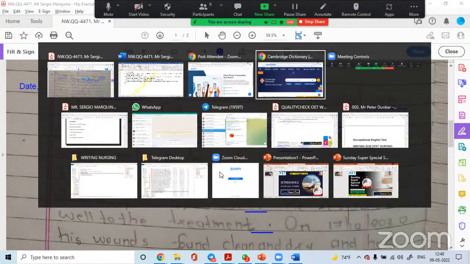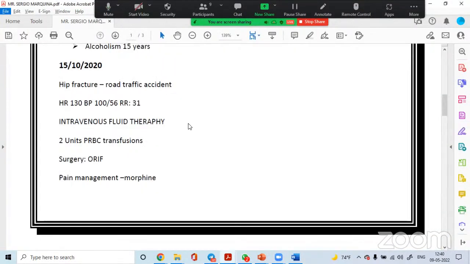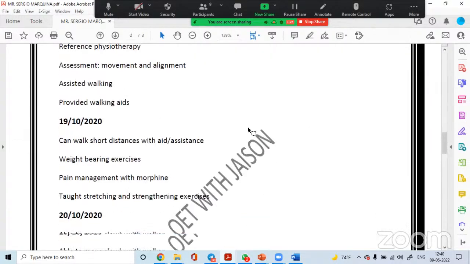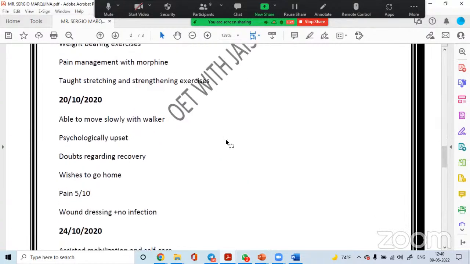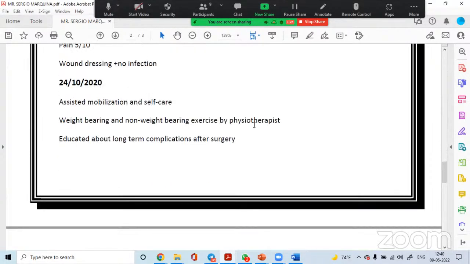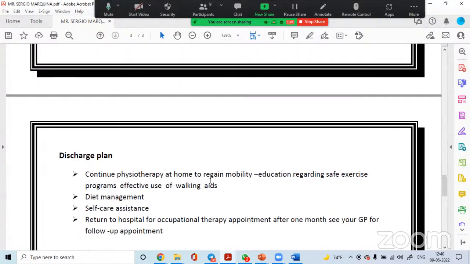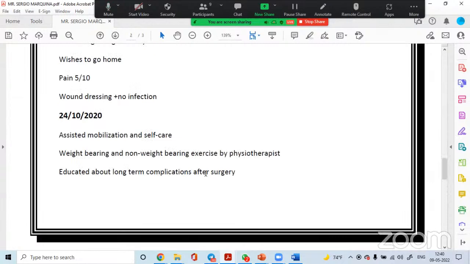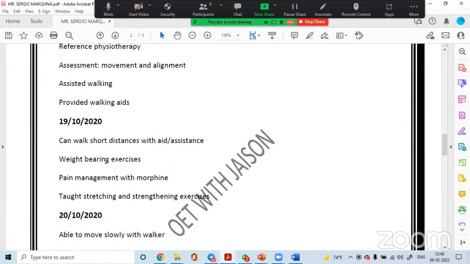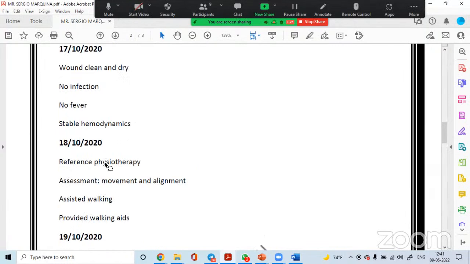Now let us see the case notes once again. So continue physiotherapy at home, regain mobility, education regarding safe exercise programs, effective use of walking aids. Okay. Control F. Internal.